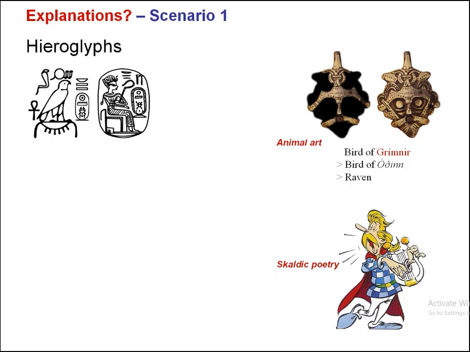The problem with this interpretation, though, is that I at least have not been able to track any grammatical system that is usually also part of a writing system, and that gives the reader a possibility to decide in which direction to read the text. And that's why I am not sure that we have enough evidence to speak about animal art as a writing system to preserve skaldic memory.